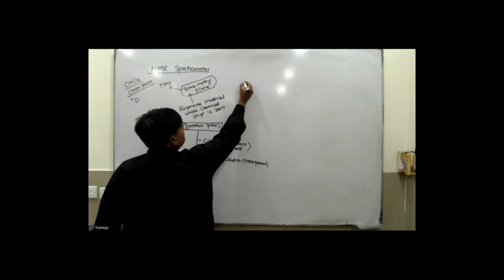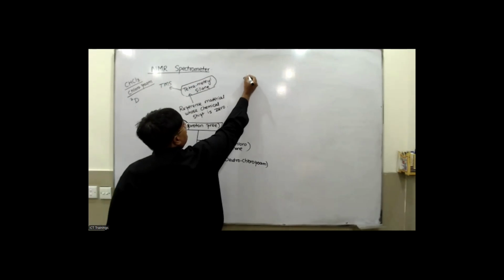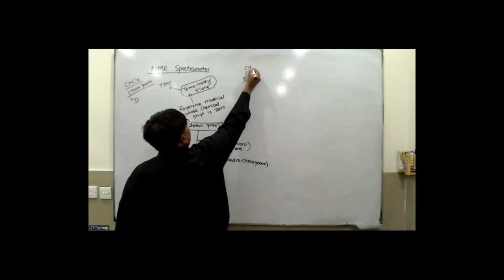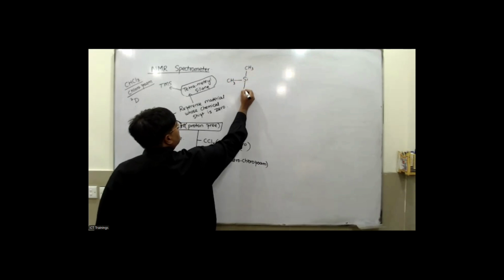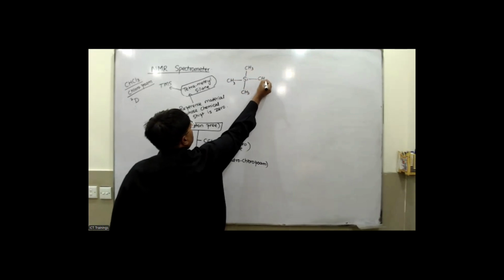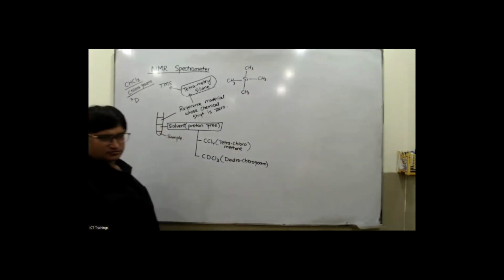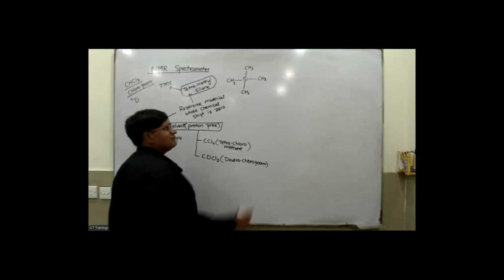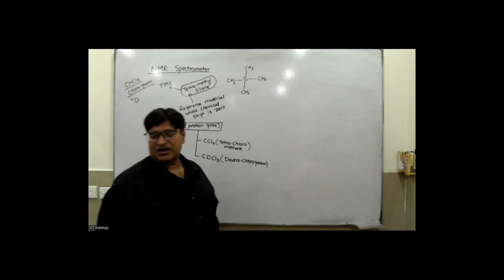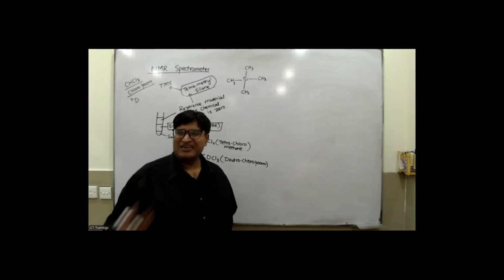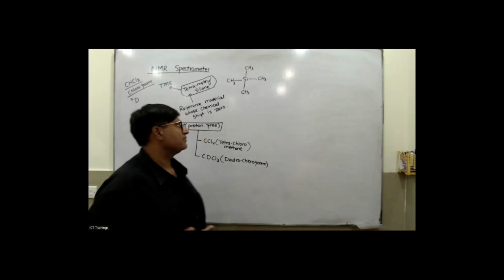Let me draw its structure for you. This is silicon. It is joined with a methyl group, this one is joined with a methyl group, this one is joined with a methyl group, and this one is joined with a methyl group. Now, if I ask you how many peaks are possible for this compound.